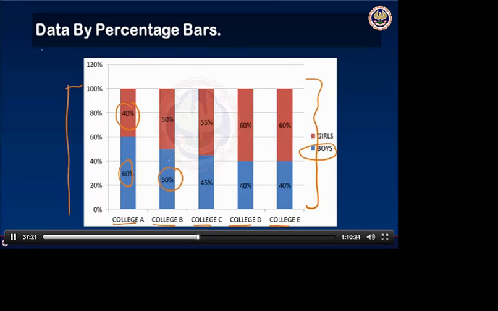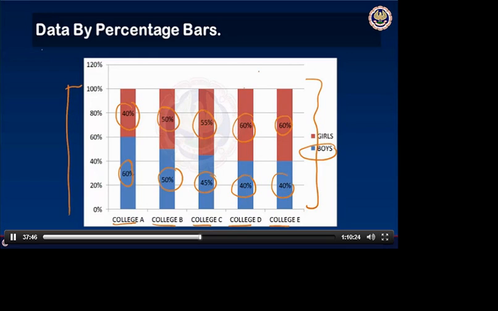So in second college, there are 50% boys and 50% girls. So we can make a percentage bar, which can represent like this. So similarly for college C, the number of boys and girls percentages are there, 45% boys and 55% girls. So here 40% boys, 60% girls, 60% girls. So we find that in most of the colleges, the number of girls are more.